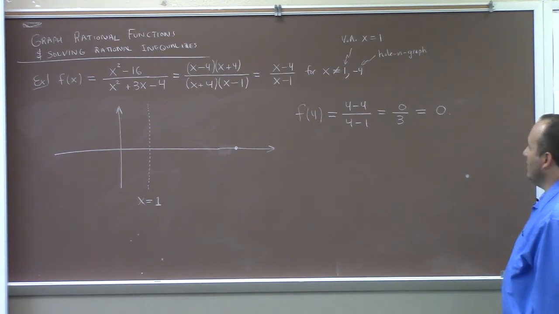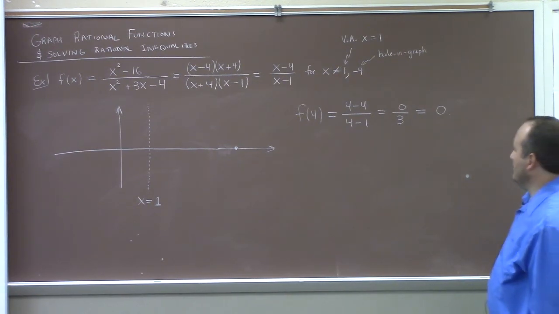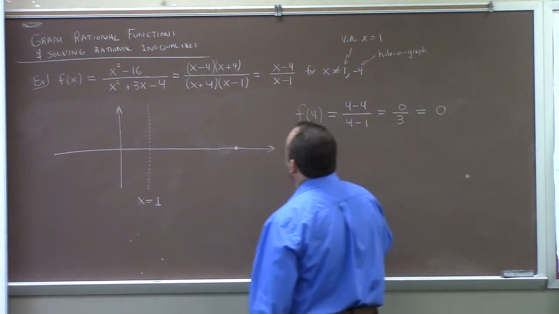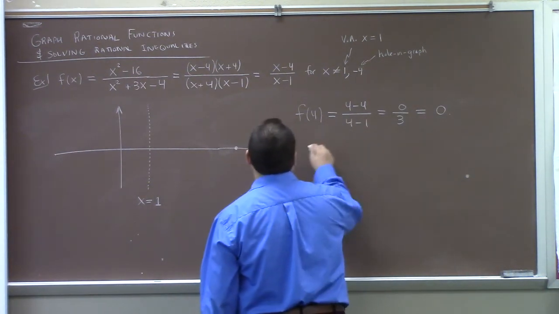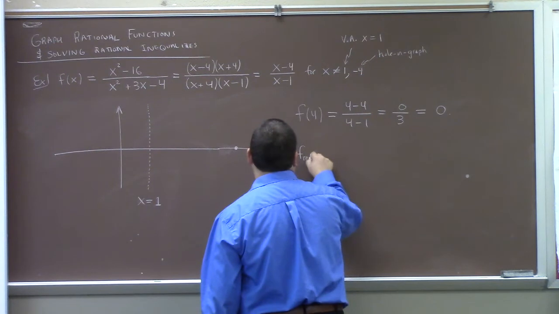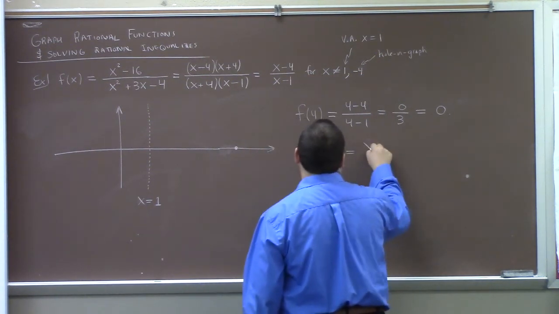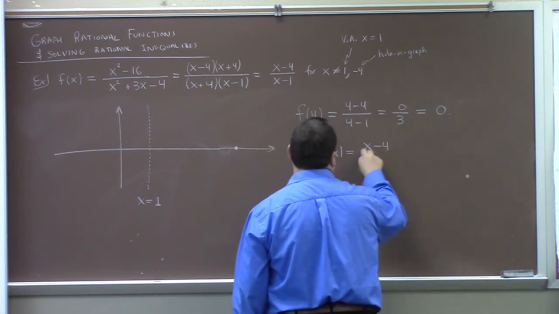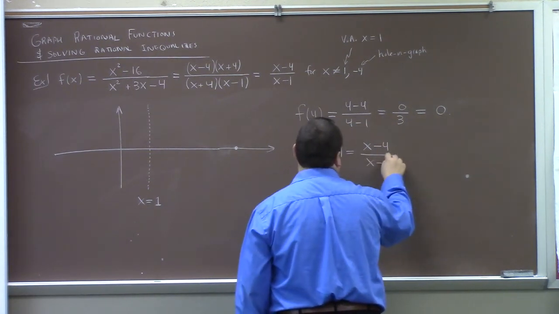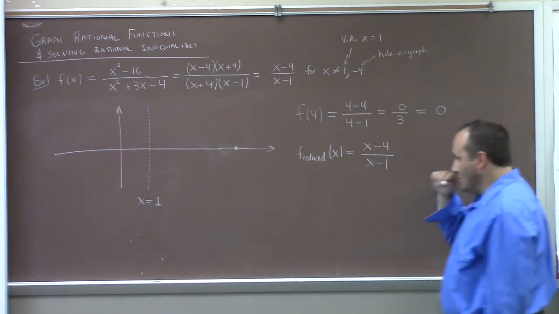A hole at negative 4, right? Let's see here. So the reduced function is something that's sometimes useful to talk about. The reduced function is what you get from canceling out any factors, all right?